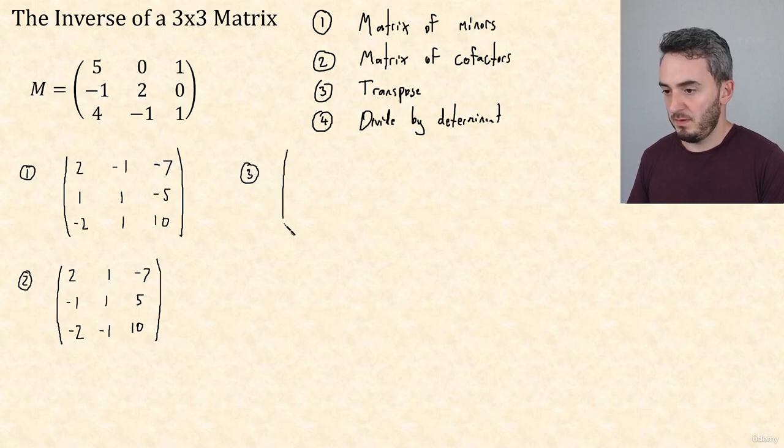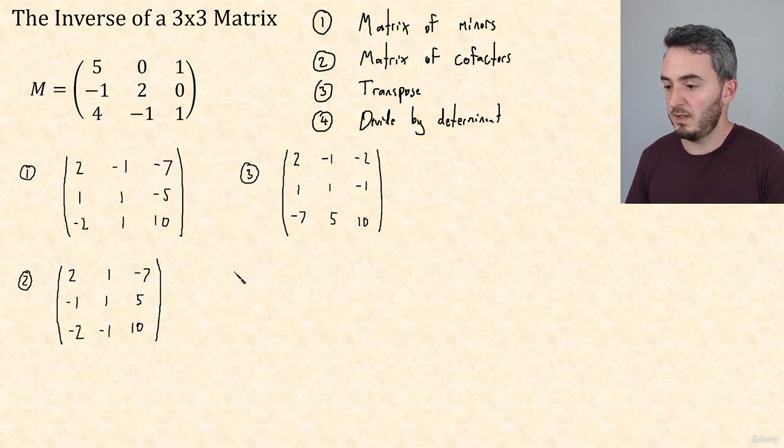So the first row becomes the first column, so 2, 1, minus 7. The next row becomes the next column, minus 1, 1, 5, and the bottom row becomes the final column, minus 2, minus 1, 10. Finally, we need to work out what the determinant is and multiply by that.